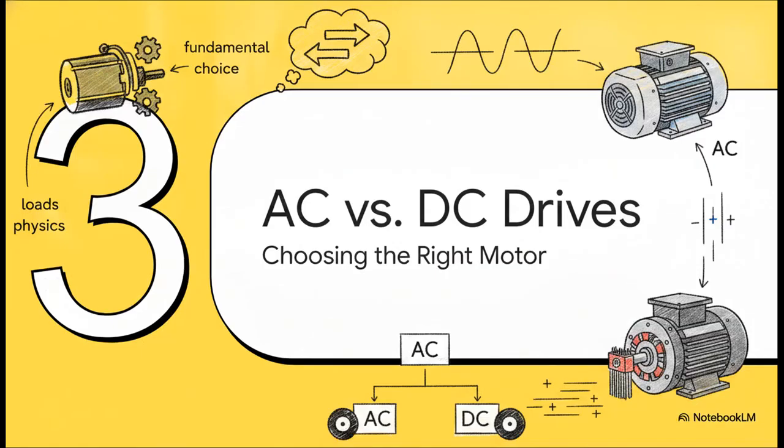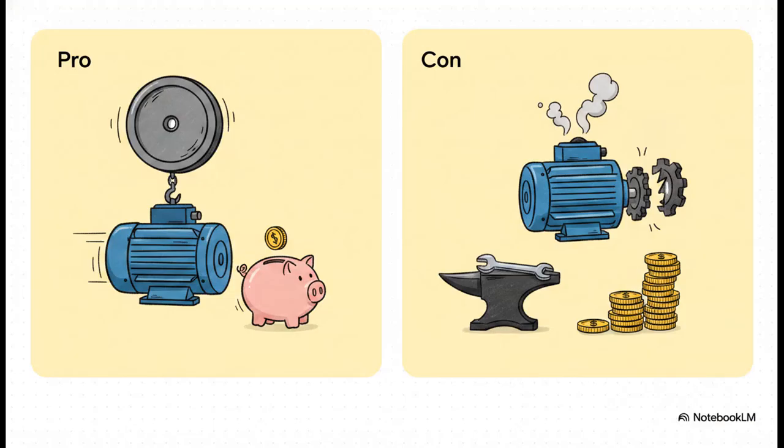Which brings us to Section 3, AC versus DC drives, choosing the right motor. Now that we know our loads, we have a huge architectural choice to make. Alternating current or direct current. And there is a massive trade-off here. DC motors offer absolutely fantastic starting torque. That is exactly what you need to break the inertia of a heavy load from a dead stop. Plus, their speed control methods are traditionally much simpler.